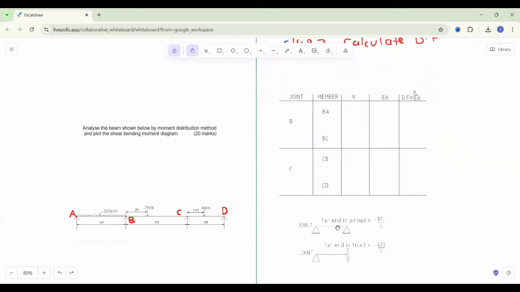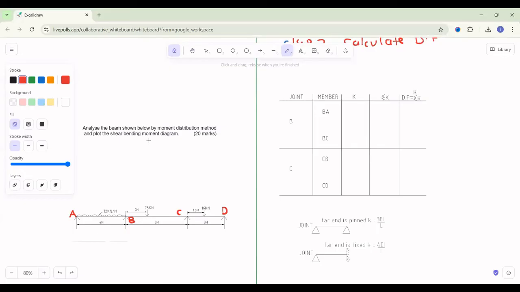And remember, if you are at a joint and the far end is pinned, the relative stiffness factor is 3EI over L. If it is fixed, it is 4EI over L. So if you are standing at joint B and the far end BA is pinned, we are going to use 3EI over L. Again, if you are at C, this is an intermediate support.